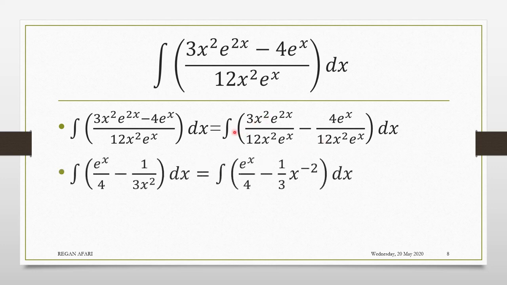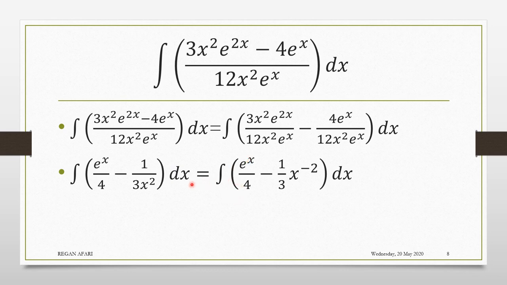Now when we try, the 3 will divide the 12, so we have 4, but the x squared will go away and this will take care of that, so we have a remainder of e to the power x. Then 4 will go into 12 3 times, e raised to the power x will cancel e raised to the power x, so we are left with 3x squared.